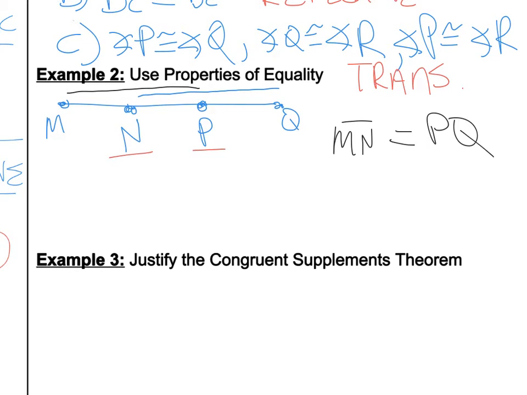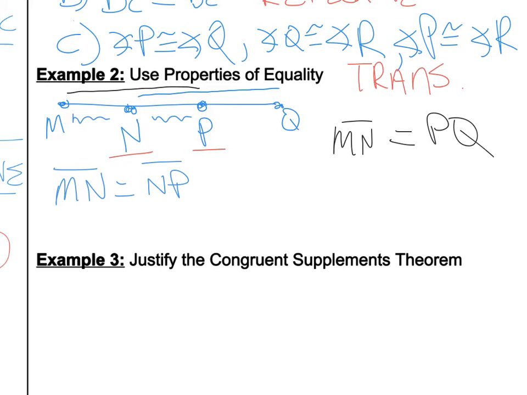So in order to prove this, we're going to take some steps. We're going to start with segment MN is equal to NP. So this little section is going to be equal to that little section right there, okay?